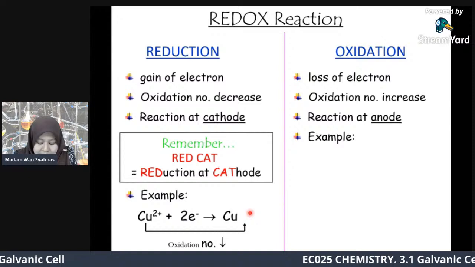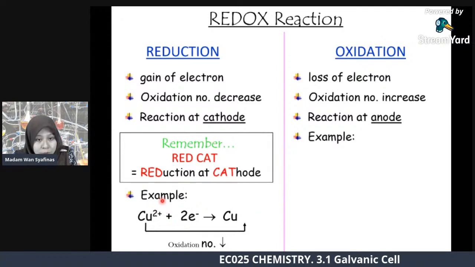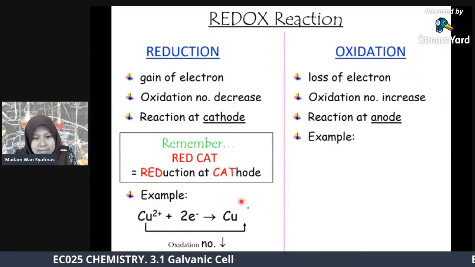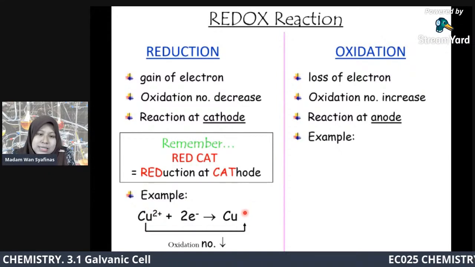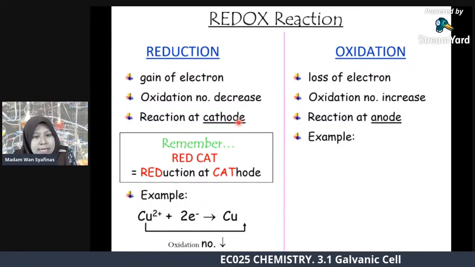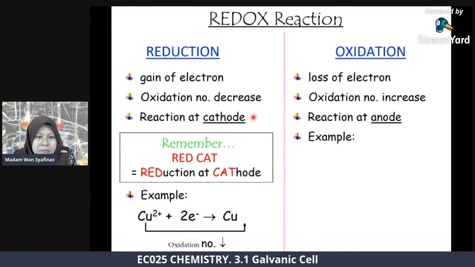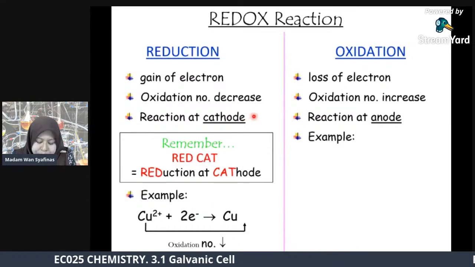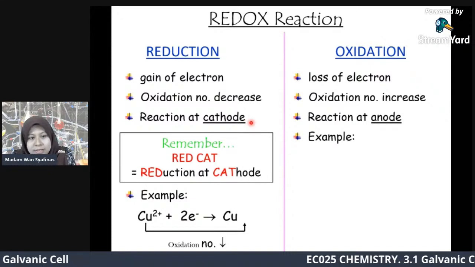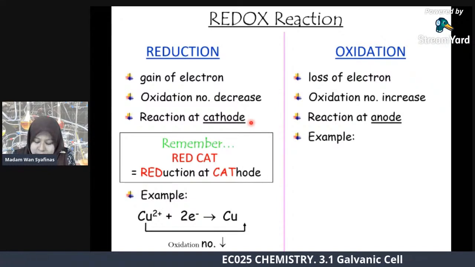From copper 2+, oxidation number is +2 and produces copper solid, so the oxidation number is 0. So we have decreased the oxidation number. And the third one is reaction occurs at cathode. So if you want to remember this, you can use the acronym RED CAT, reduction at cathode. Okay, so this one is reduction.